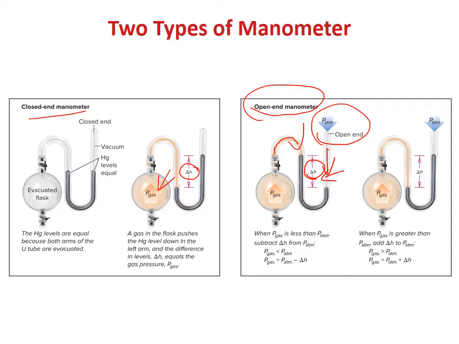Now, because the atmosphere pushes down more than the gas on the right side, the pressure of the atmosphere is greater than the gas pressure.